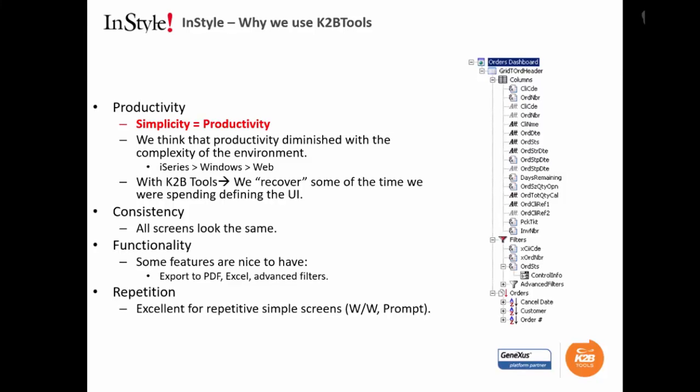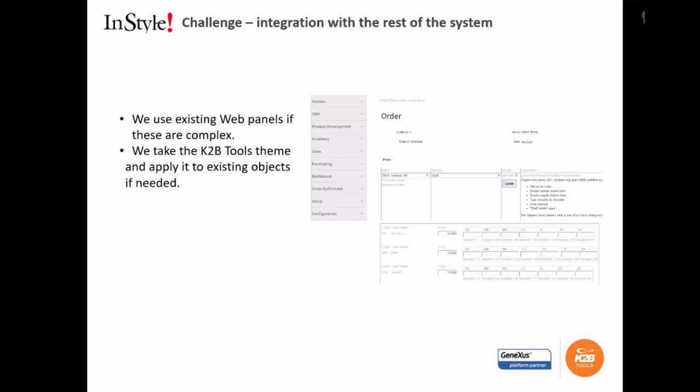We need some features that are nice to have, like export to PDF, export to Excel, advanced filters. We get extremely high productivity when it comes to repetitive tasks, like the work with and the prompts. All the simple screens are extremely easy to do. So the challenge is still what to do with complex things.